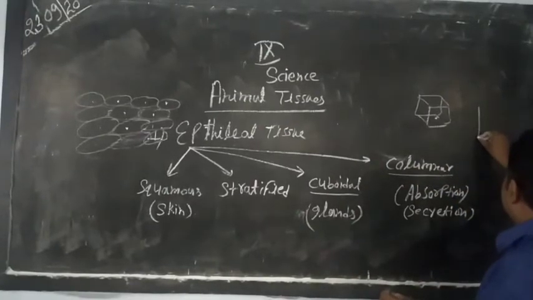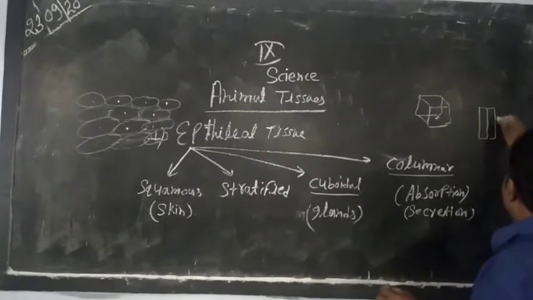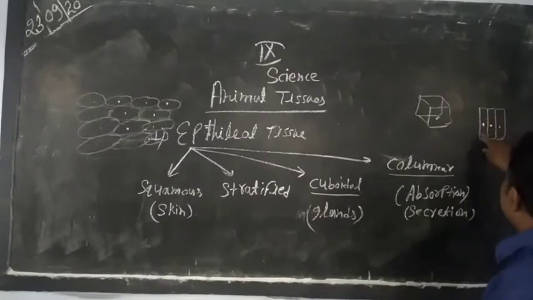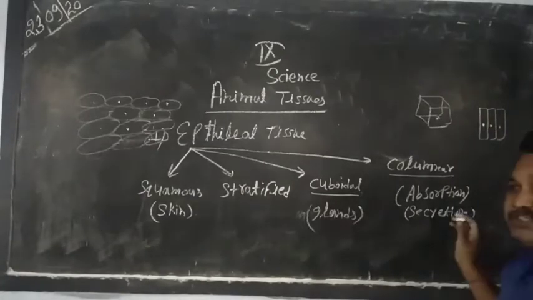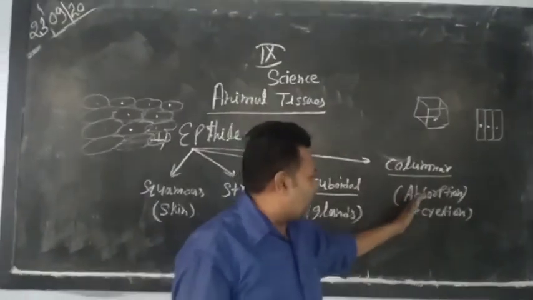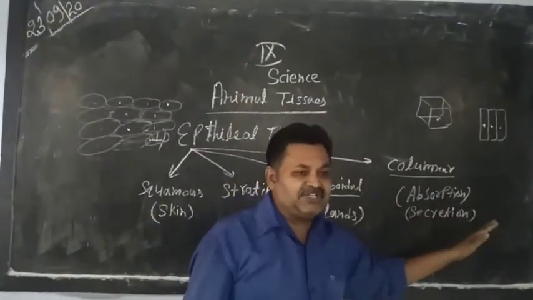Columnar tissues are made up of columnar cells. The structure of these cells is columnar and these tissues take part in the process of absorption and secretion.